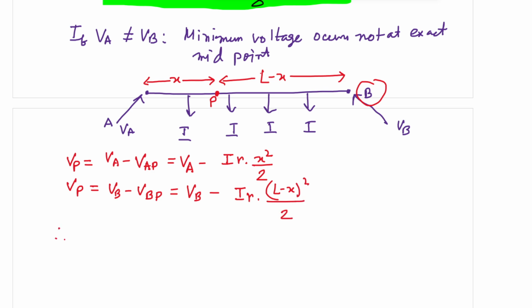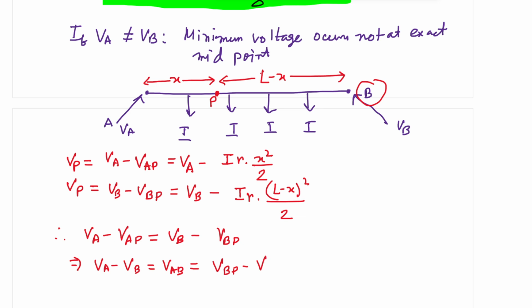If you equate these two, VA minus VAP will be equal to VB minus VBP. So we can directly formulate VA minus VB, which is the drop VAB, equal to VBP minus VAP.